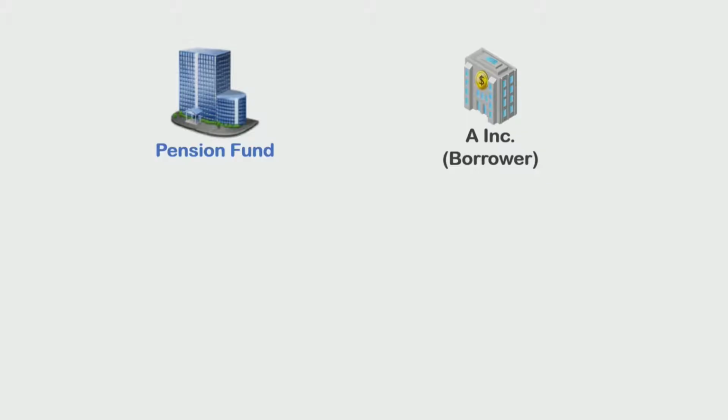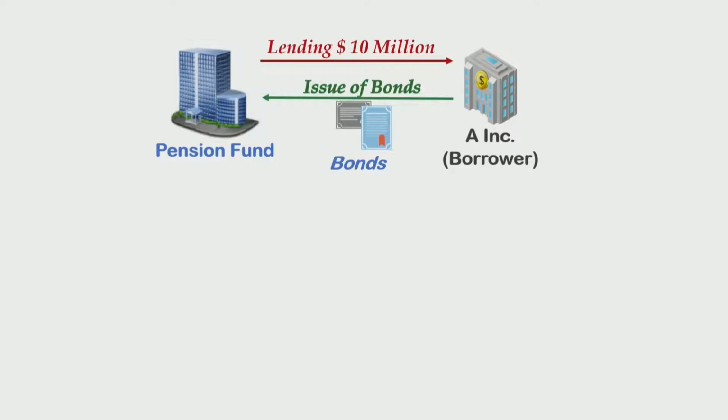A Incorporation has issued some bonds to the pension fund, where the pension fund, which is the lending institution, is purchasing or investing into these bonds, and therefore it becomes the lending entity. Let us assume that the pension fund has lent $10 million to A Incorporation, the borrower, and this is against the bond issued by A Incorporation.